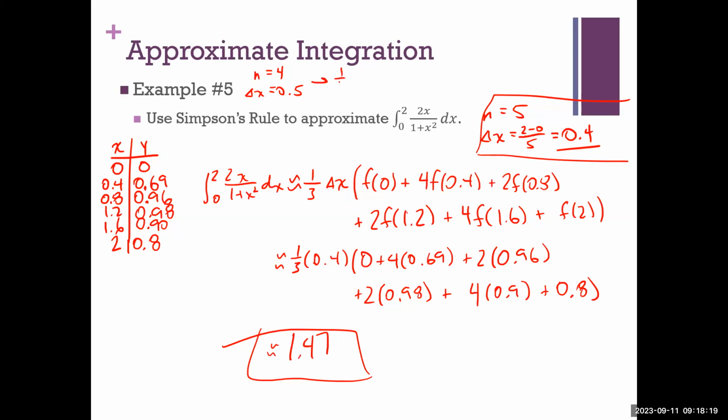It's going to be 1/3 times 0.5 times... So the first and last terms are always just the unity. So 1 times them, f of 0 and f of 2. So that is the same as the way we dealt with this. What are the next 2 terms inward going to be? It should be 4 times f of 0.5 and 4 times f of 1.5.